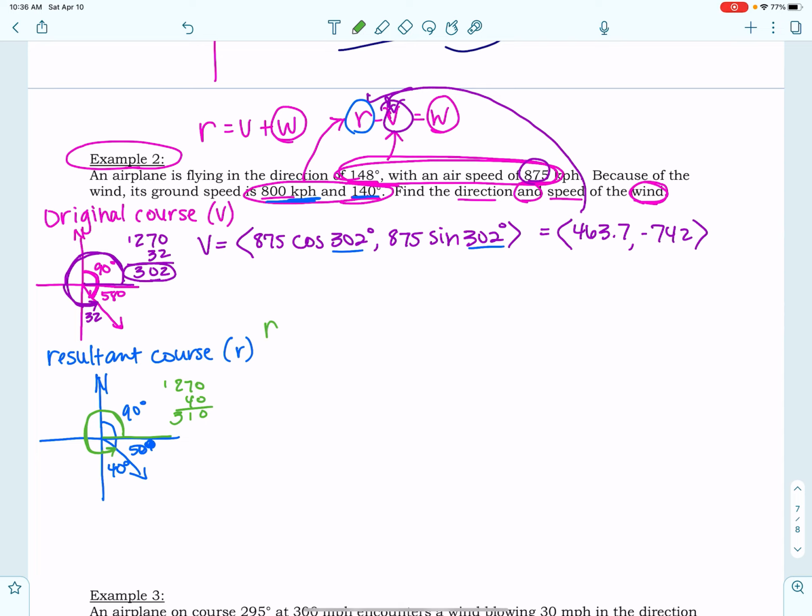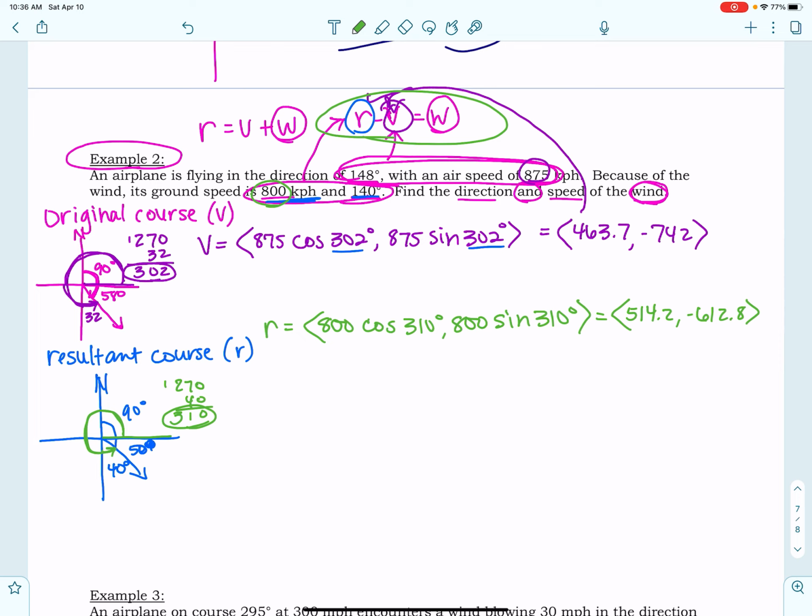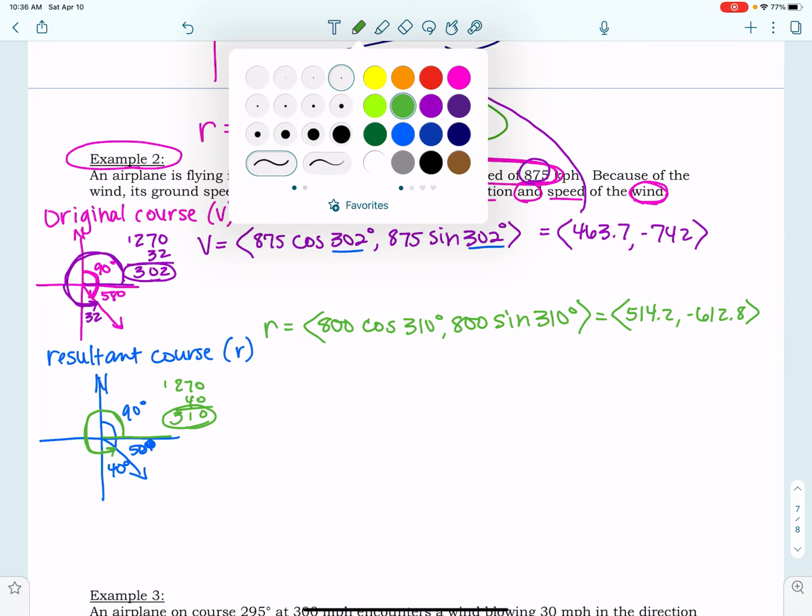So my resultant is going to be 800 kilometers per hour times the cosine of my direction angle, 310, and then again we type this into our calculator and we arrive at 514.2, negative 612.8. All right, so now what we need to do is use this mathematical relationship to find the velocity vector for the wind.